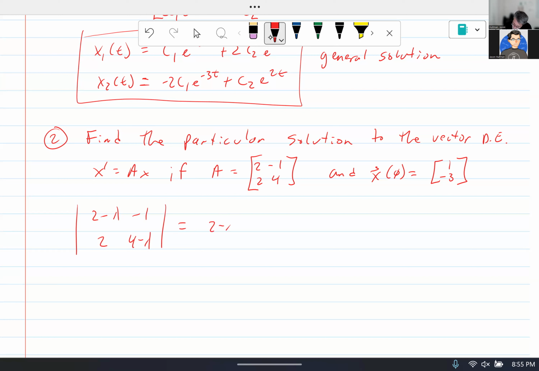So we're going to get (2 minus lambda)(4 minus lambda) minus 2 times negative 1 equal to 0. So this is going to be 8 minus 2 lambda minus 4 lambda plus lambda squared plus 2 is equal to 0. This combines to lambda squared minus 6 lambda plus 10 is equal to 0.